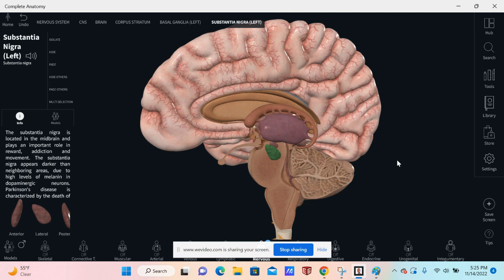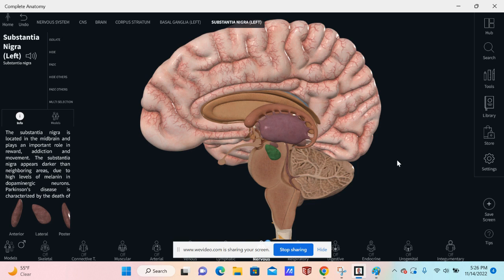Remember, Parkinson's disease is characterized by people unable to inhibit muscle movements. So they can have really jerky movements just out of nowhere. So their brain is unable to inhibit these little muscle spasms.